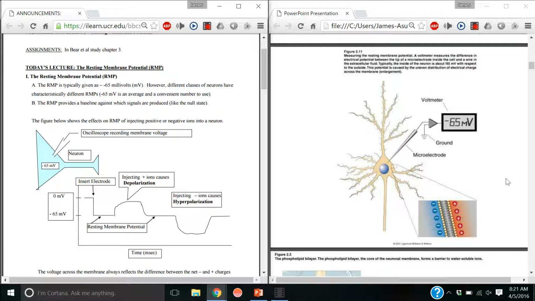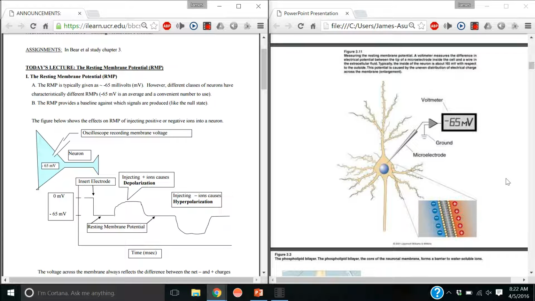Okay, so what I'm talking about here in general are membrane potentials, more specifically the resting membrane potential. So what is the resting membrane potential? The name itself is very descriptive.